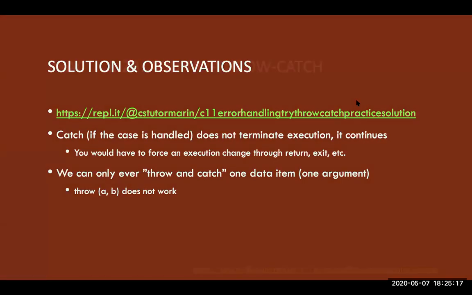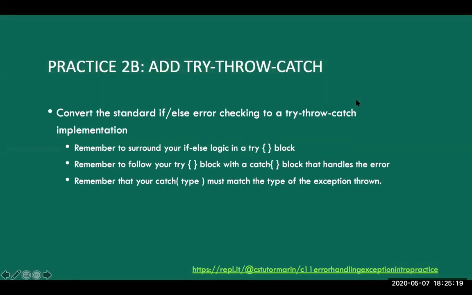Okay, so that's our try catch first example. So let's do another one. We're going to try to convert from a standard if then else logic to a try catch. So it's a pretty similar game, slightly different situation. This is having you write this again more from scratch.